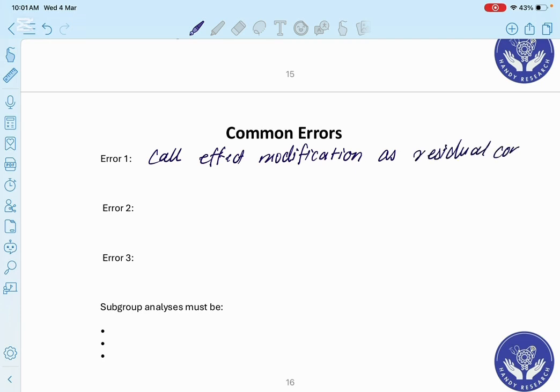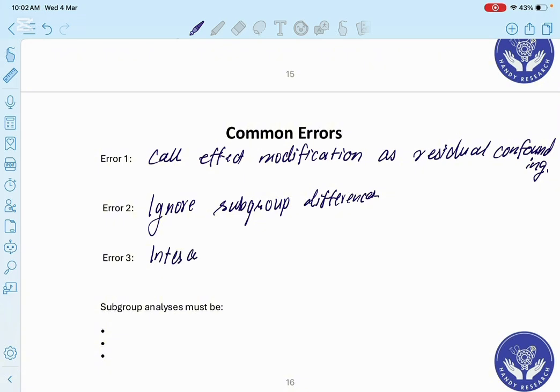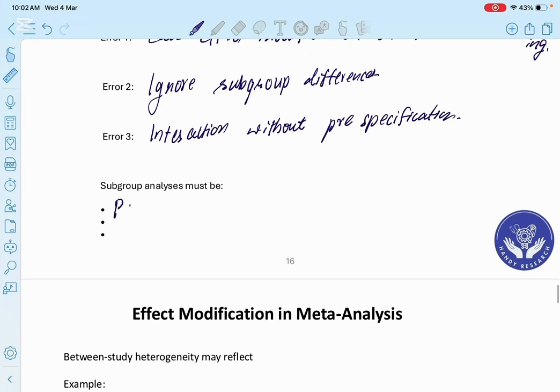That's one error. They ignore subgroup differences, and they fish for interactions without pre-specification. Do you know subgroup analysis must be pre-planned? It must be biologically plausible and interpreted cautiously.